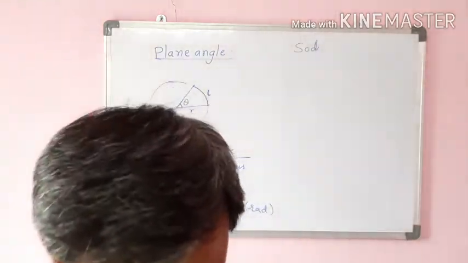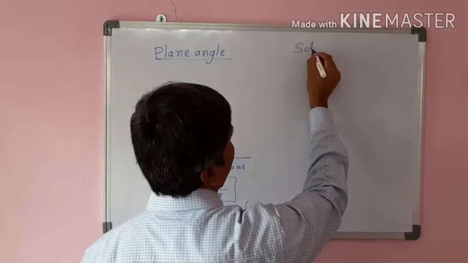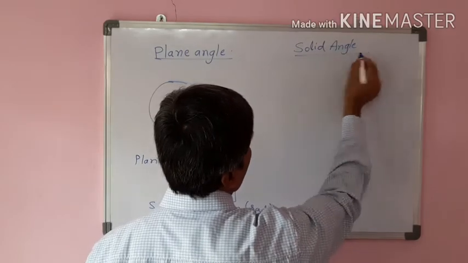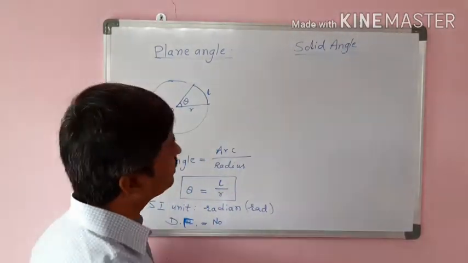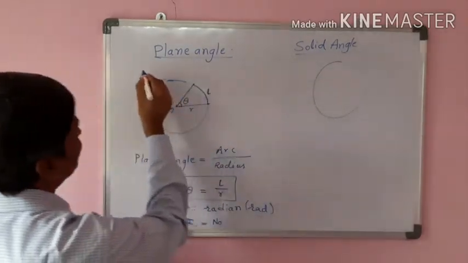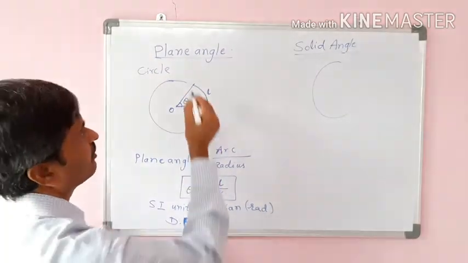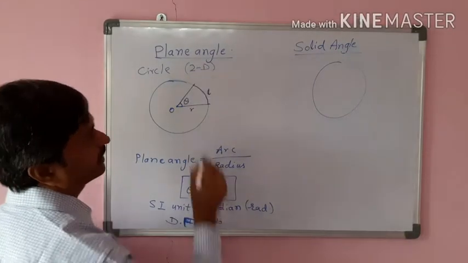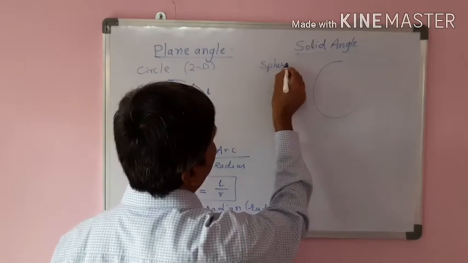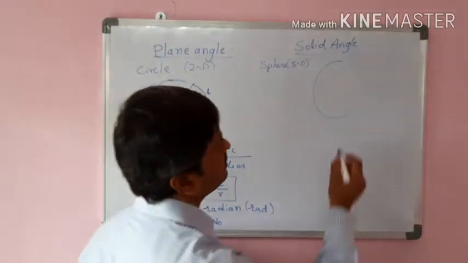Solid angle. See here, it is a sphere. The circle we have taken is in the plane, that is two-dimensional in the XY plane. Here we are taking a sphere, three-dimensional, XYZ space, that we have to understand.